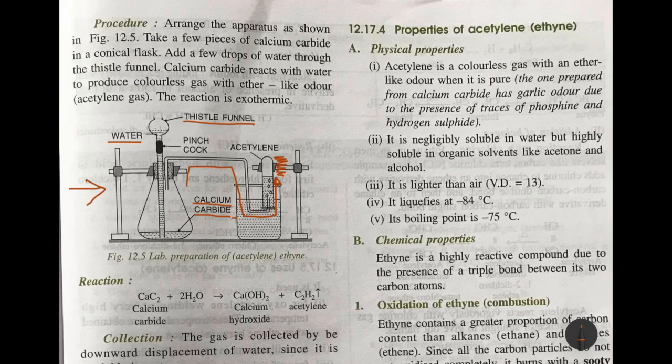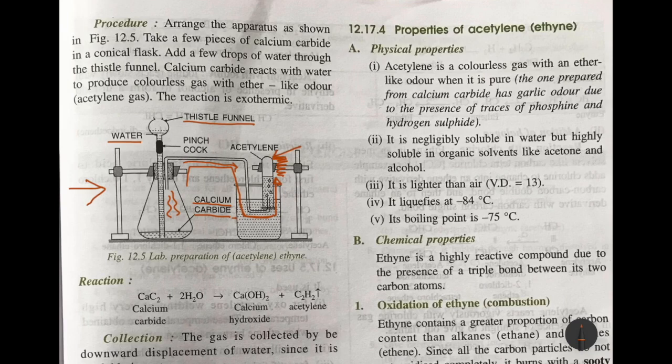So when the reaction sets in between calcium carbide and water, calcium hydroxide and acetylene will be formed. Acetylene is a colorless gas which passes through the delivery tube and over the water and bubbles into the inverted gas jar, and it is collected by the downward displacement of water.